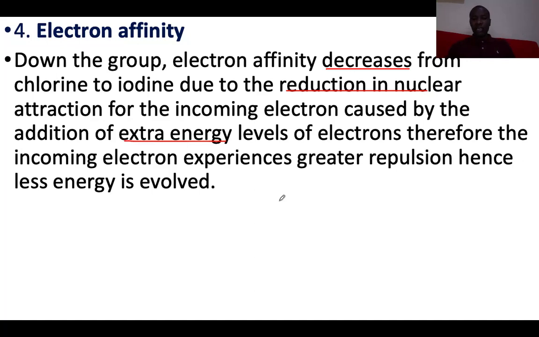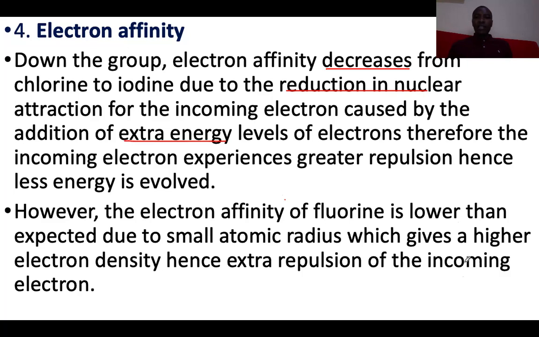So that's the thinking. But still, before we forget, there is still another issue here, that electron affinity of fluorine is lower than expected. And the reason is because it has a small atomic radius, and it gives a high electron density.